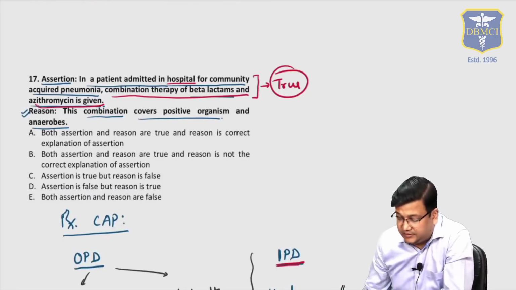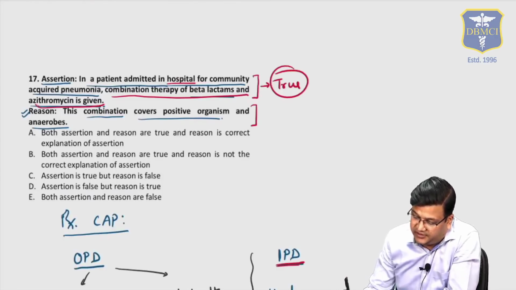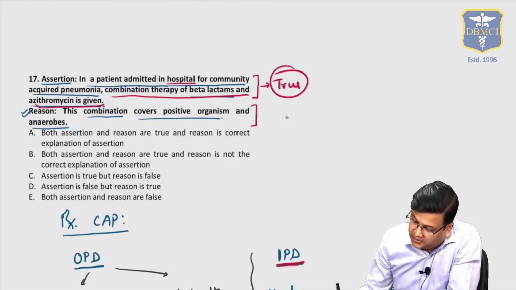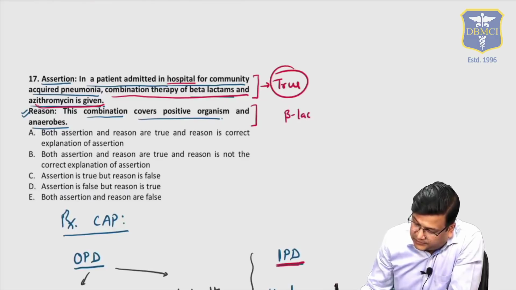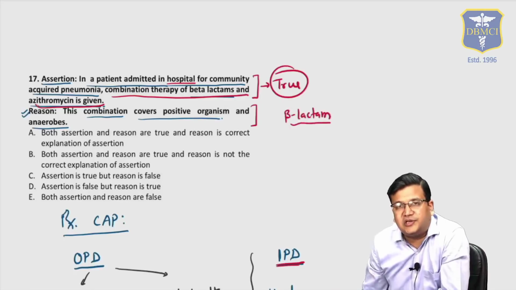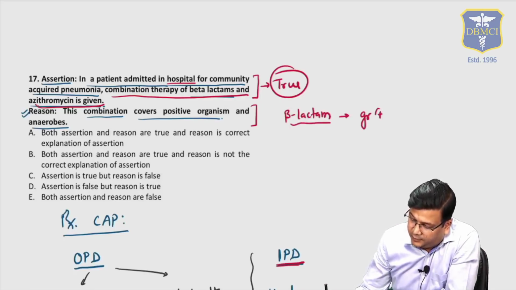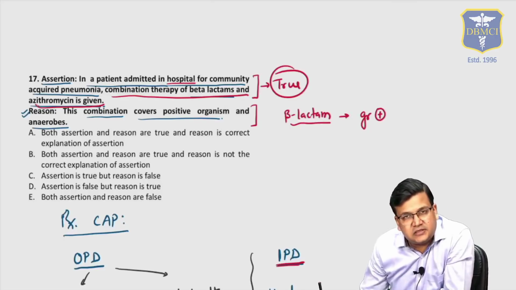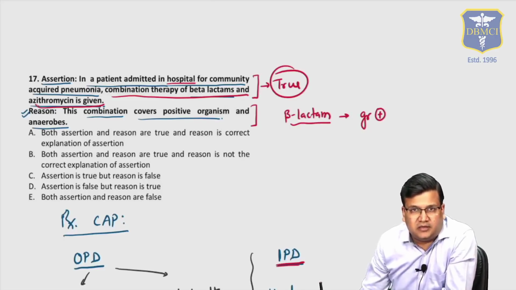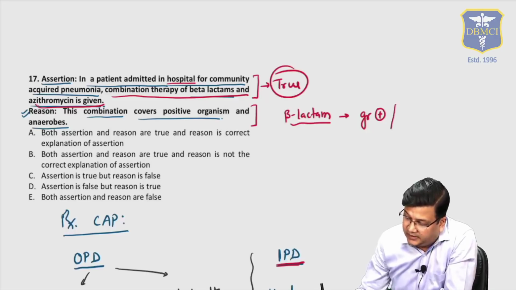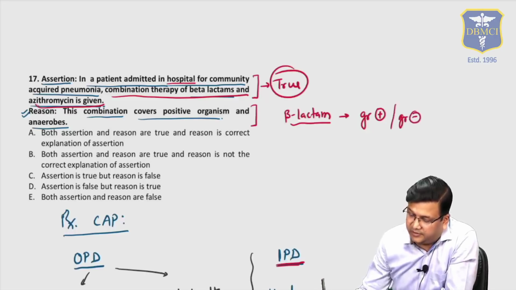Now comes its reason. This combination covers gram positive and anaerobes. So you see beta lactams like amoxiclav, amoxicillin, ampicillin, they cover gram positive, and if there is an extended spectrum like amoxicillin or piperacillin, they can even cover gram negative to some extent.